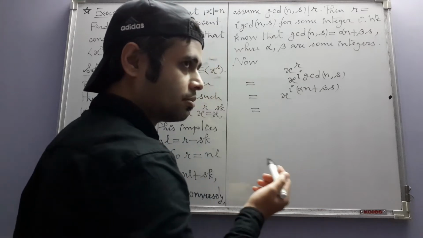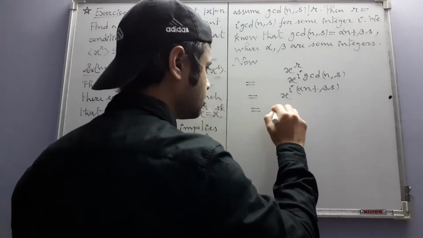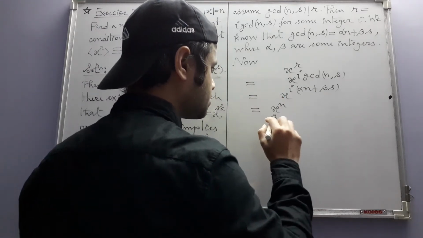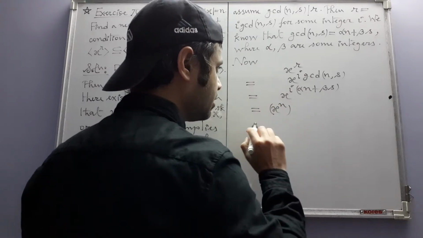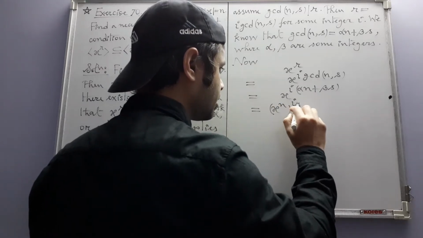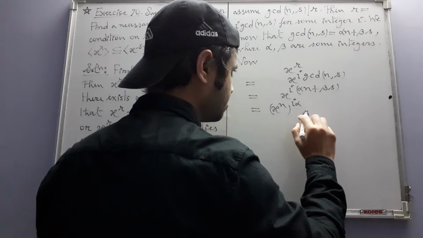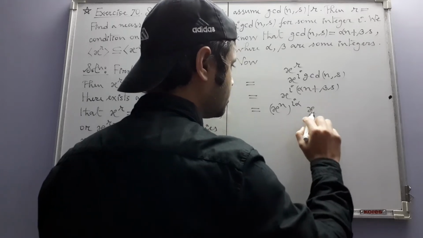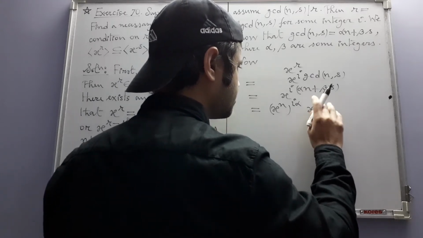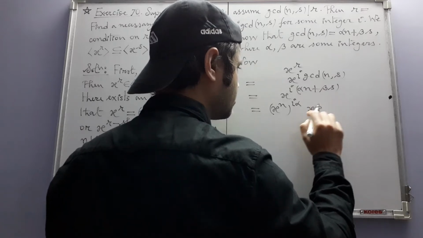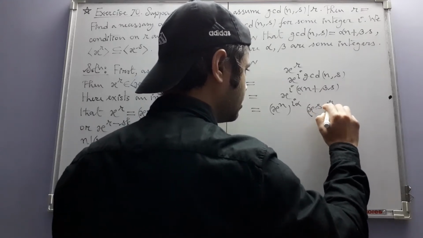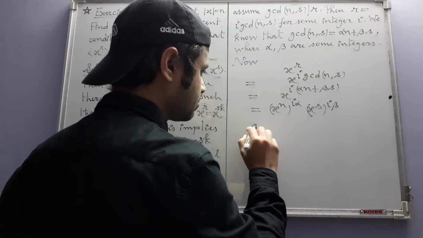Now using the rules of exponents, we can write this power as x to the power n whole to the power l alpha times x to the power s whole to the power l beta.